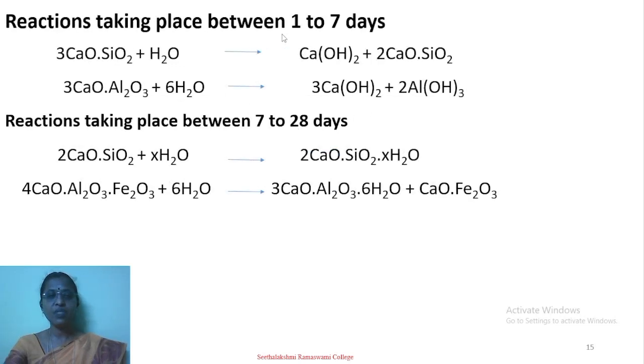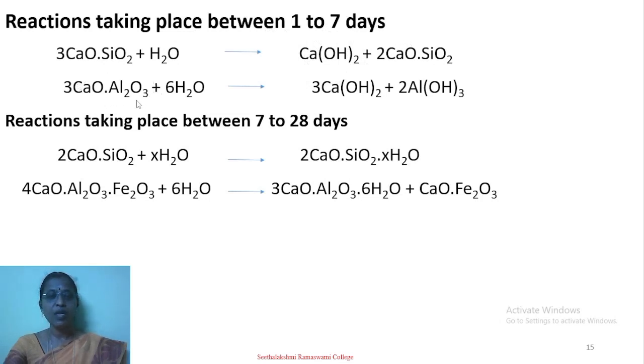Reactions taking place between 1 to 7 days. The tricalcium silicate gets hydrolyzed into precipitated calcium hydroxide and amorphous dicalcium silicate. The needle-shaped calcium hydroxide gets studded into dicalcium silicate.